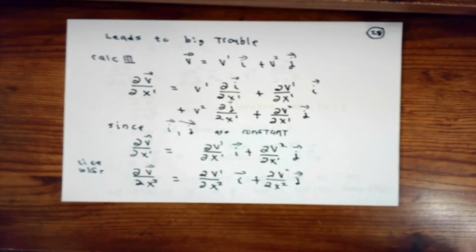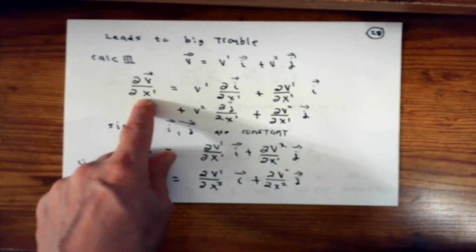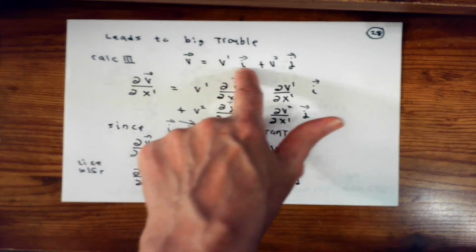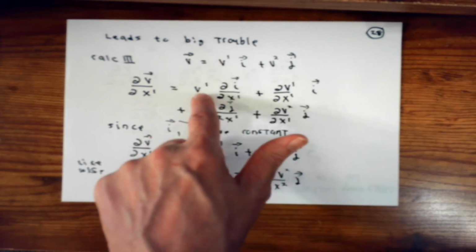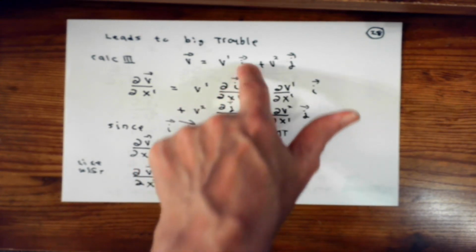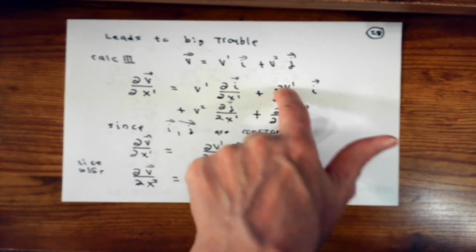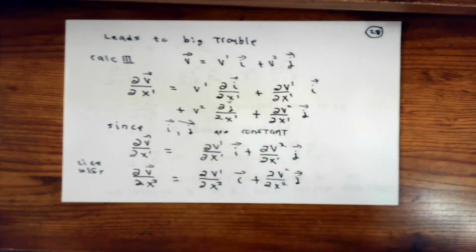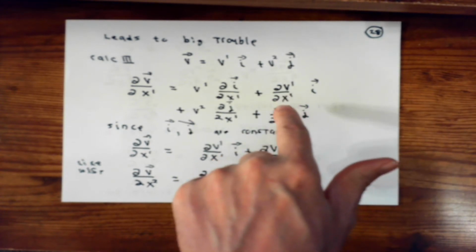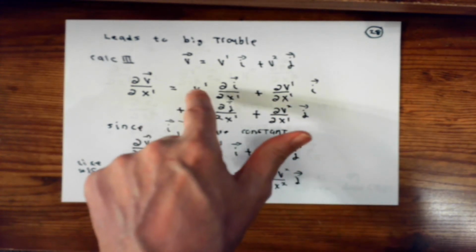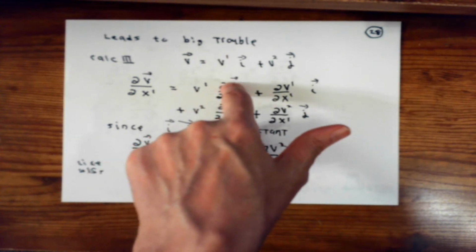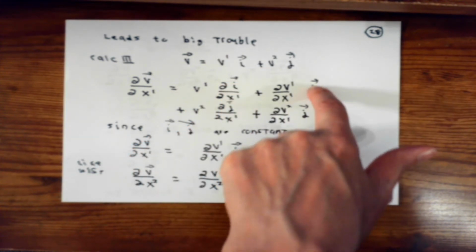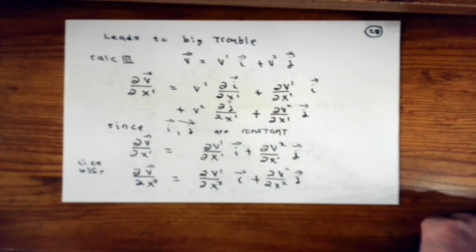If a person wanted to be picky about it, and eventually we're going to have to, you would say that the partial of v with respect to x1 is, here you've got a product. You take the first thing times the derivative of the second thing, plus the second thing times the derivative of the first thing. Let me say this again: first component times derivative of i, plus i times the derivative of the first component.